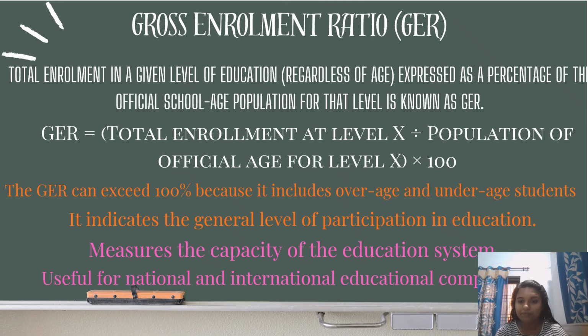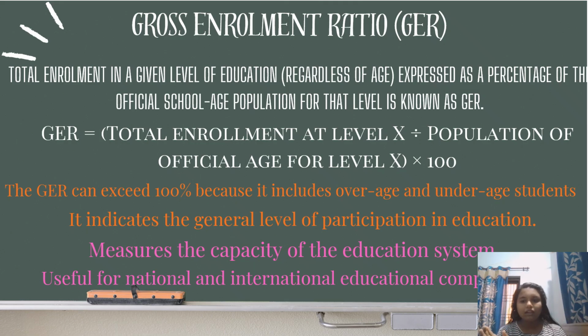It can be higher than 100%. The GER can exceed 100% because it includes overage and underage students. To enter class 1, the standard school age is 6.